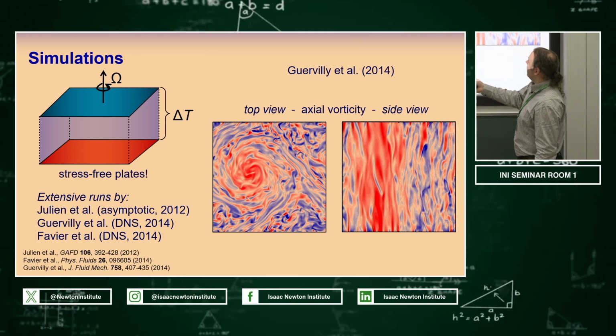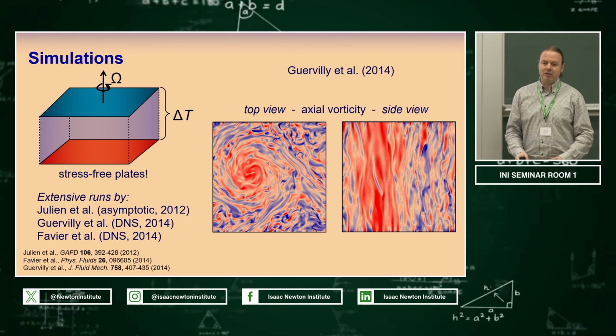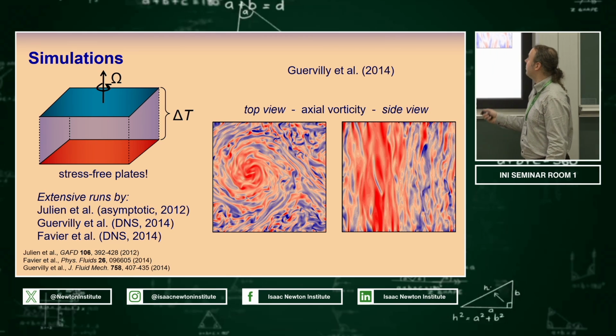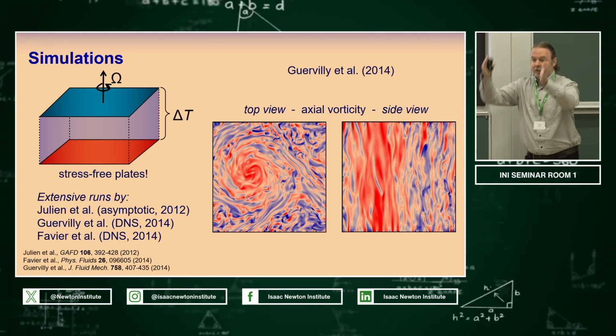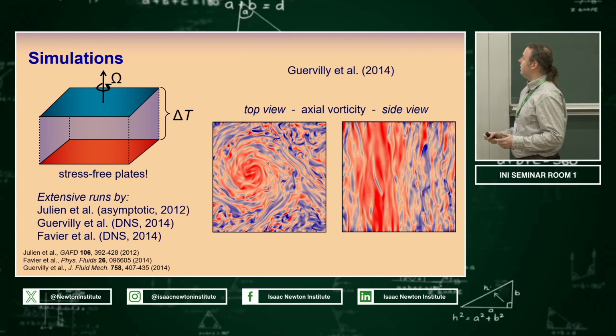It's clear there's this big red blob that is the main large-scale vortex generated in this system. And vertically, we can see that everything is nicely organized along the rotation axis, as we expect in these systems.